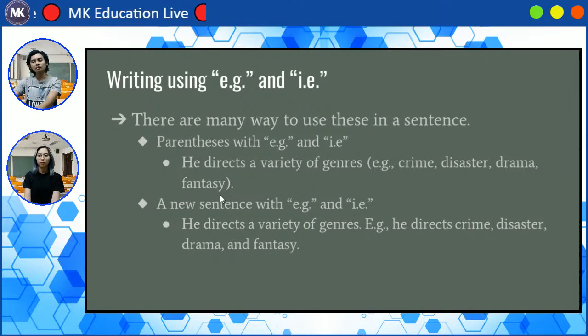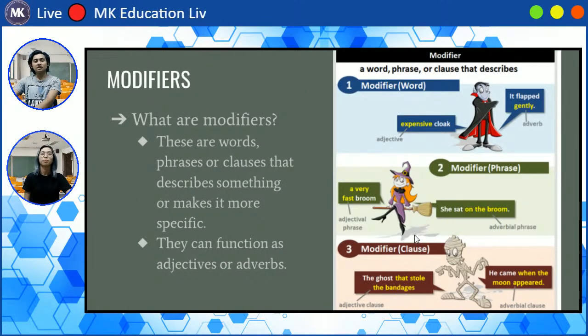Or you may use a period and start a new sentence, but in this case, you have to make it a standalone sentence, okay? So, do you understand e.g. and i.e.? If you don't, just ask a question and we will try to reply to you.